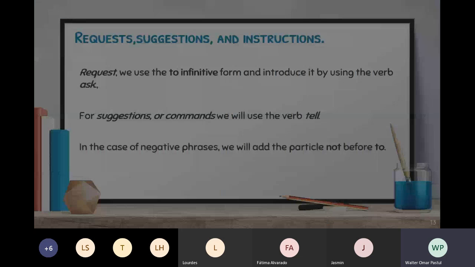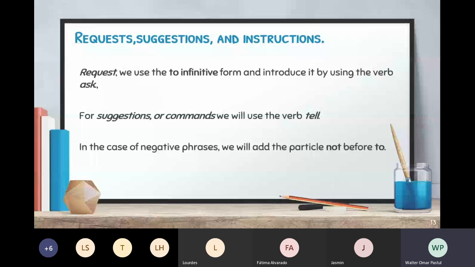Now let's check requests, suggestions, and instructions. When we have requests, we use the to infinitive form and introduce it by using the verb ask. We already know that. For suggestions or commands or instructions, it's the same as commands. We will use the verb tell.